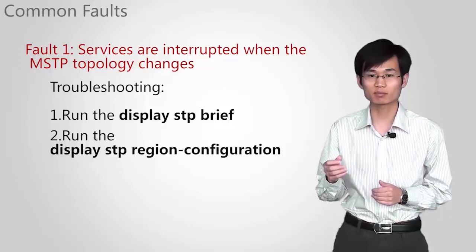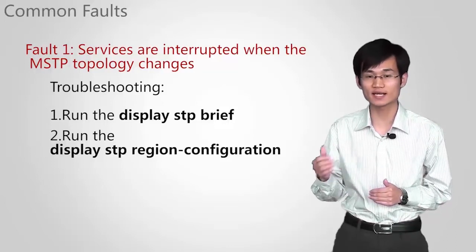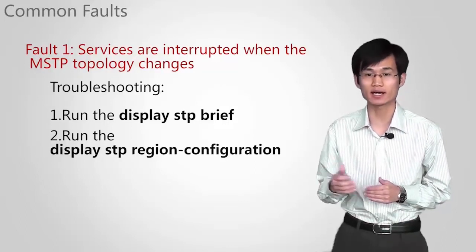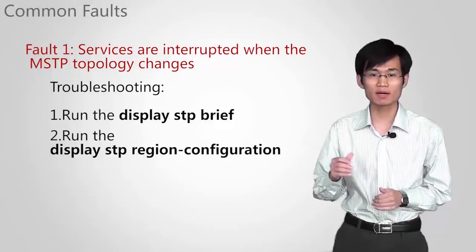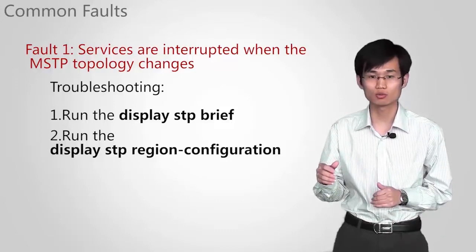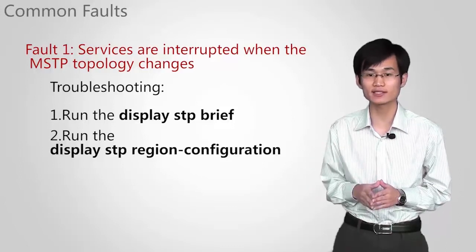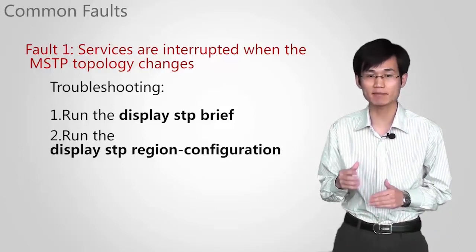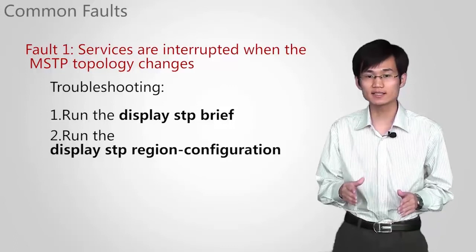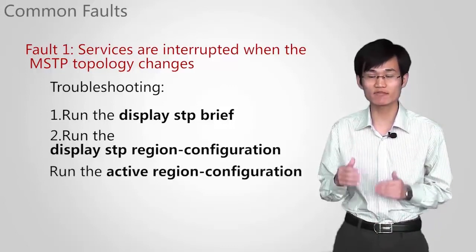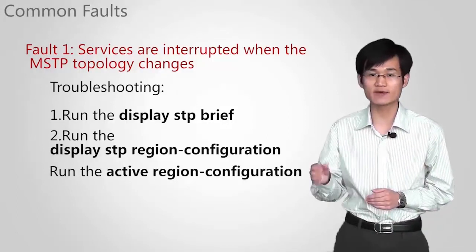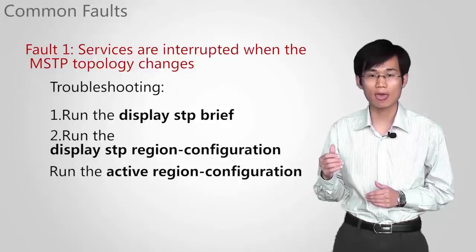Run the display stp region-configuration command to check the mapping between VLANs and MSTIs. If the mapping is incorrect, run the instance command to map a specified VLAN to a specified MSTI, and then run the active region-configuration command to activate the preceding configuration.